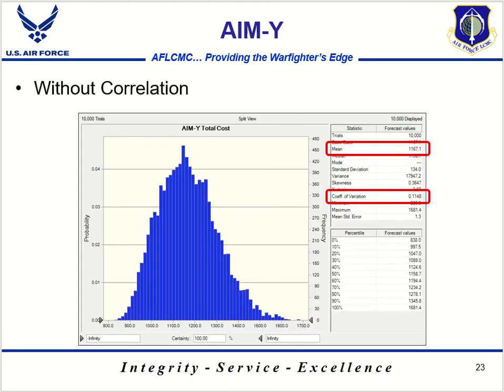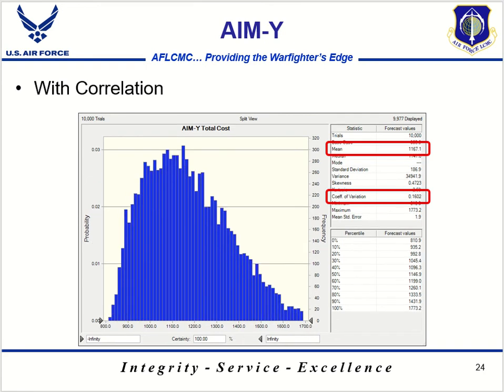So back to Aim Y again, we've now run a simulation using the triangular distributions and the parameters that we've looked at so far. In this first slide, I'm showing you the results before any of those correlation factors were applied. And then here on the next slide, here's the results when we have addressed correlation. So you can see that the mean is the same, looking right here, it's at 1167.1.